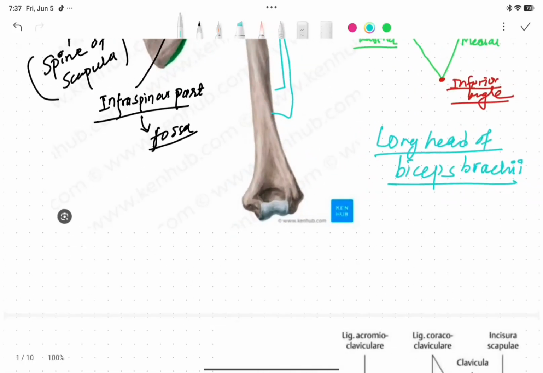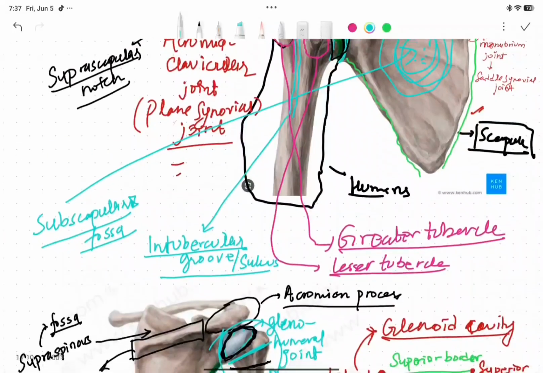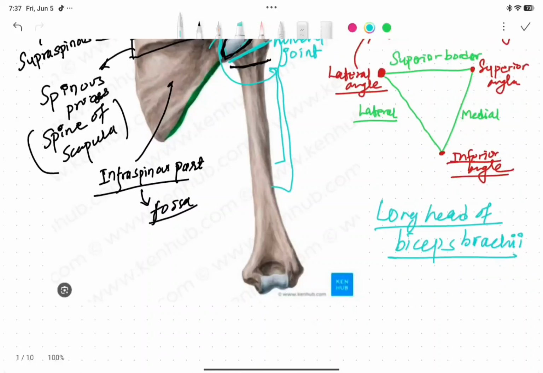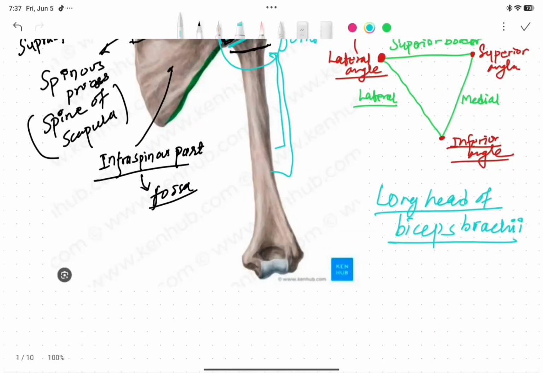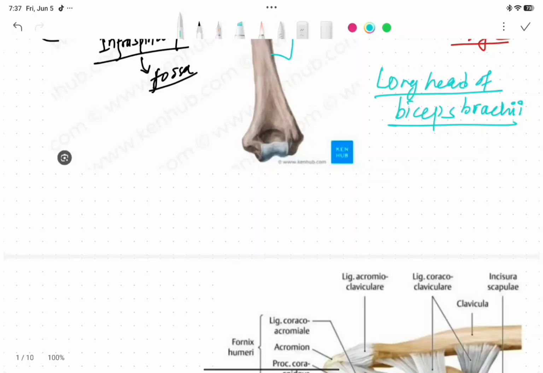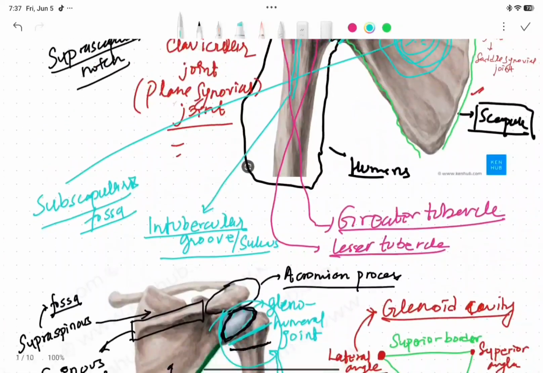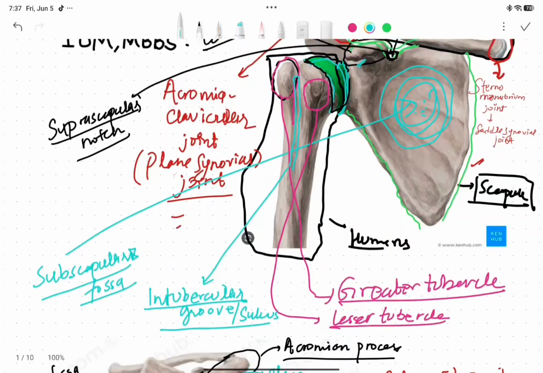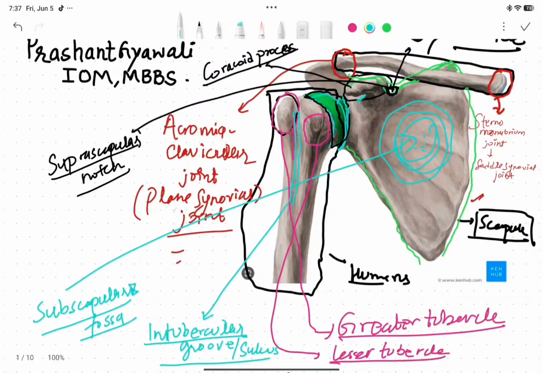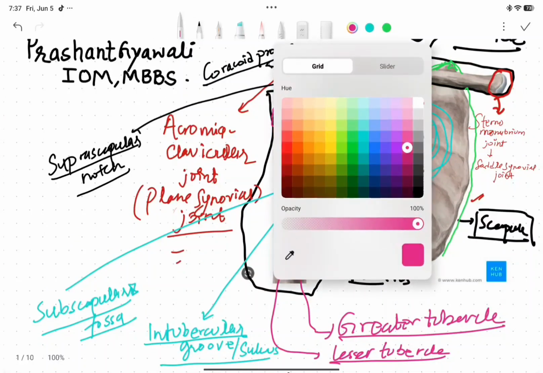One is the long head that arises from the supraglenoid tubercle, a structure above the glenoid cavity. From there the long head of biceps brachii originates, and it passes through the intertubercular sulcus.